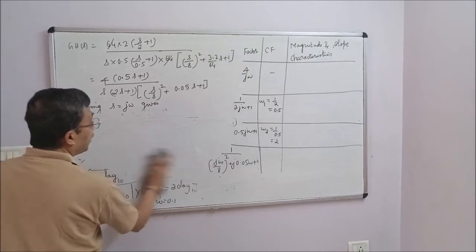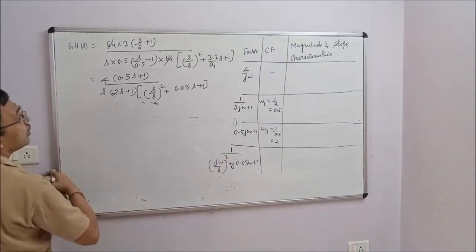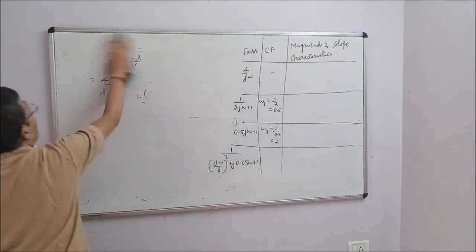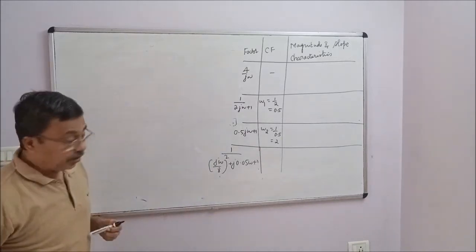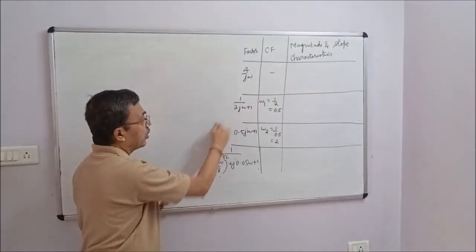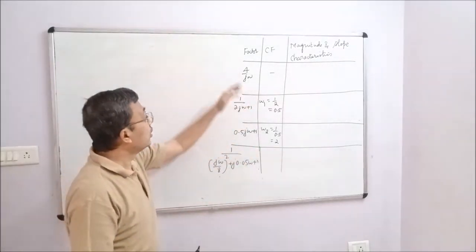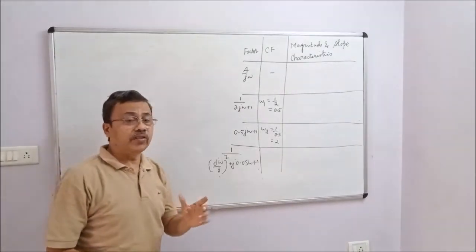These factors are written in the increasing order of corner frequencies. If you interchange these two factors, then the corner frequency here will be 2, here it will be 0.5, it will be completely wrong. You have to arrange the factors in the increasing order of corner frequencies.